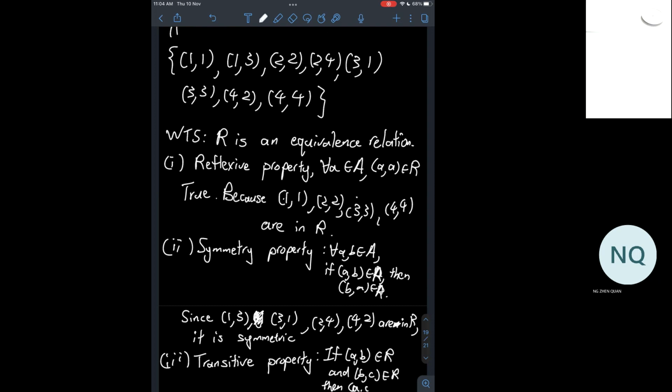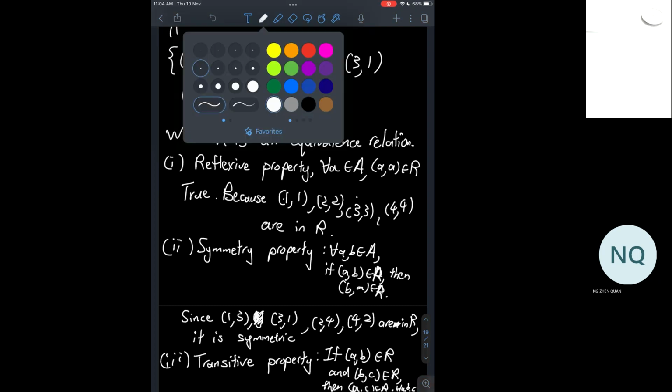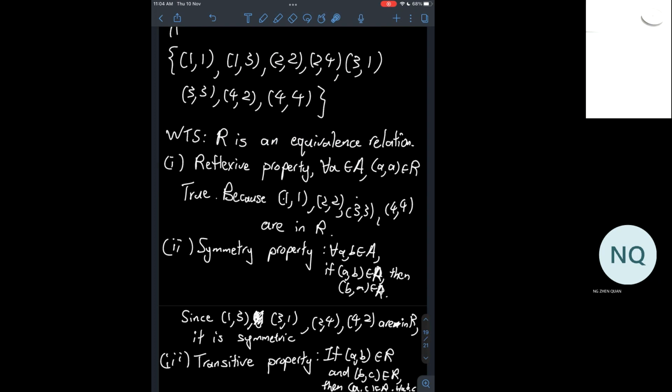This one is a bit tedious because there are a lot of choices you need to make. You learned counting already, right? So how many choices do you need to make? 1, 2, 3, 4, 5, 6, 7, 8. 8 choose 2 is what?